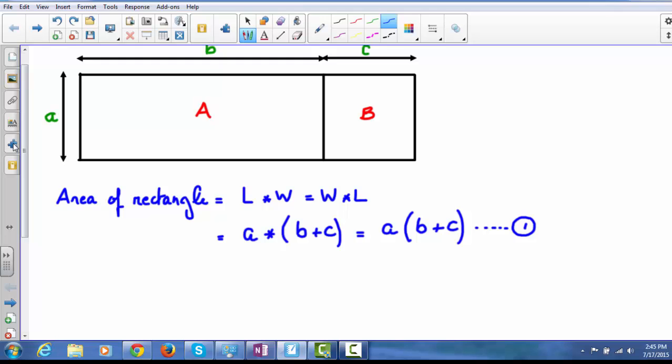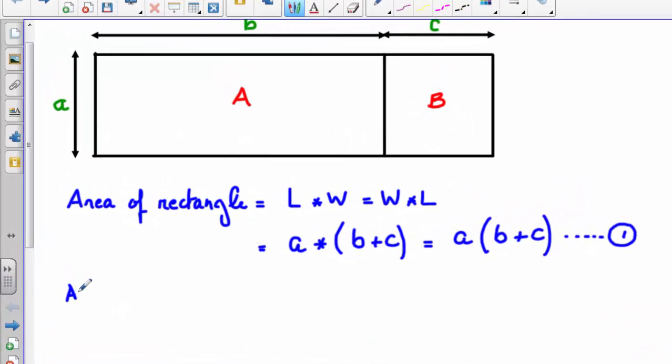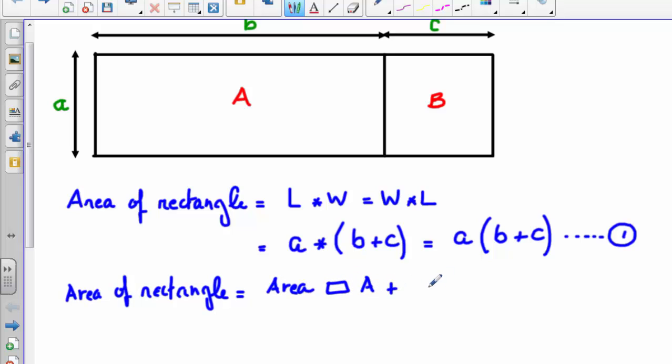The same thing, I'm going to find the area of the rectangle, but using another strategy. The area of the rectangle equals the area of rectangle A plus the area of rectangle B.